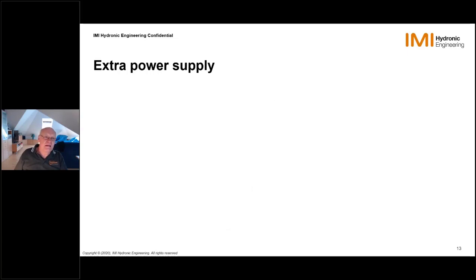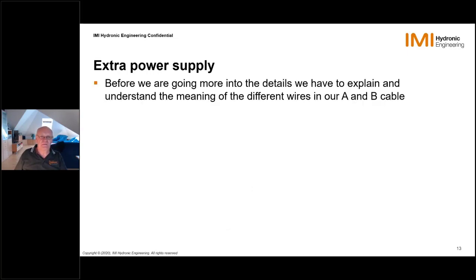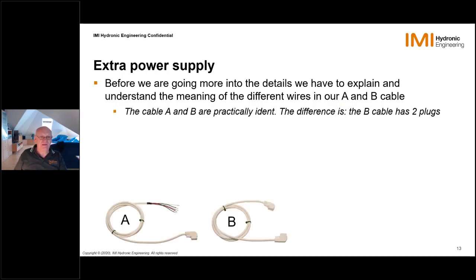So there is also a question, extra power supply. And therefore, again, we have to know what's happening on the cables and on the wires. What are they doing? The A cable and the B cable are practically identical. The only difference is that the B cable has 2 plugs and the A cable has an open end here.